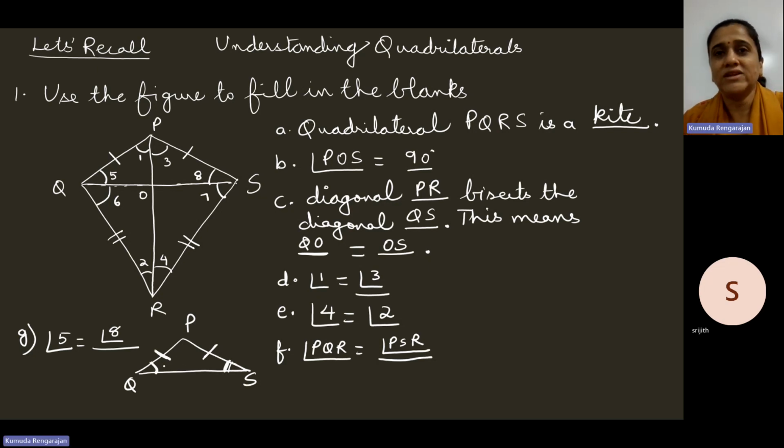In a triangle, when two sides are equal, the angles opposite to them are also equal. So we have angle 5 equal to angle 8.